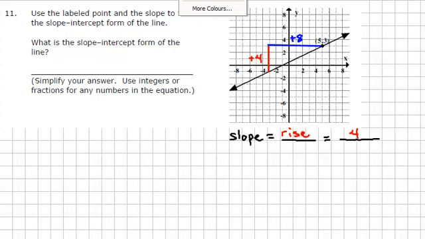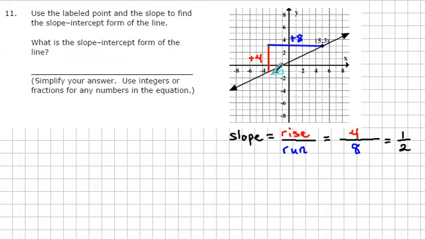And then we want to divide the rise by the run, and the run is 8. Now we can reduce. 4 over 8 reduces to 1 divided by 2.